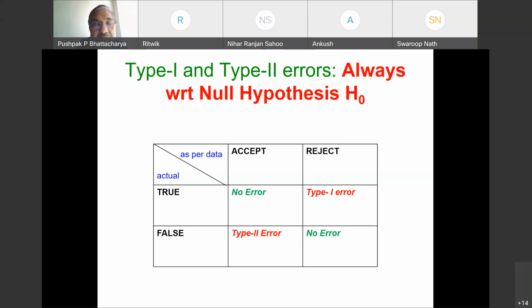So if I have heard you correctly, I am prepared to tolerate 10% type 1 error. What does it mean? It means that if I reject the null hypothesis, what is my null hypothesis? My null hypothesis is that the named entity identifier is nothing but a random guesser. So I reject it. I say that no, the named entity identifier is better than a random guesser.